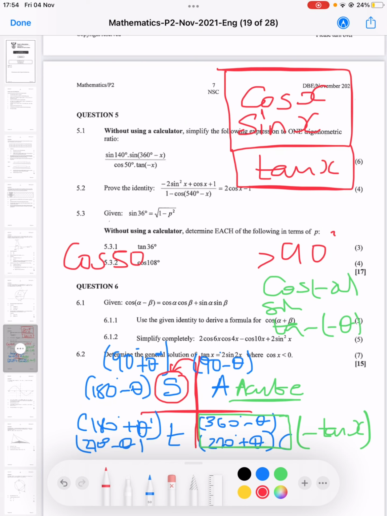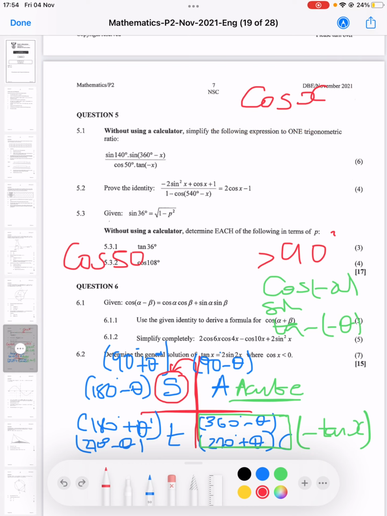So that means whatever you are given, you always try to break it down into cos or sine. If you can understand this part that I'm explaining, then you'll always know the starting point. Let's have a look firstly at the right hand side. I just want you guys to notice something.